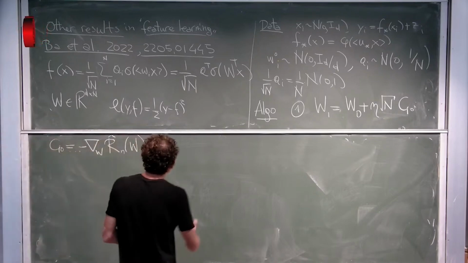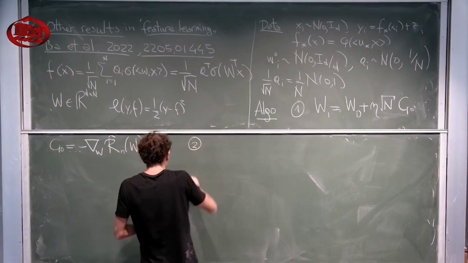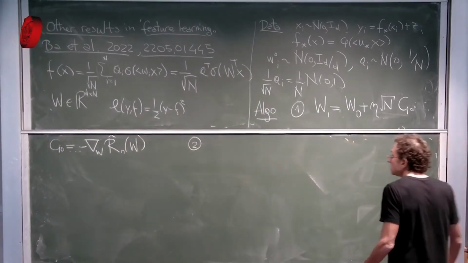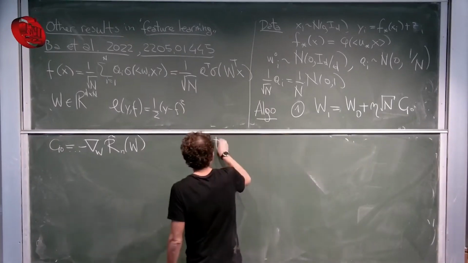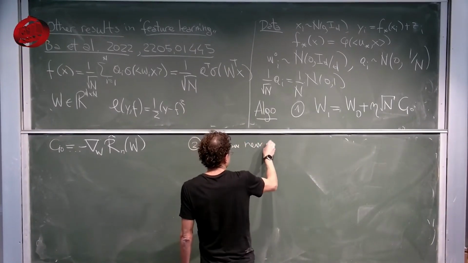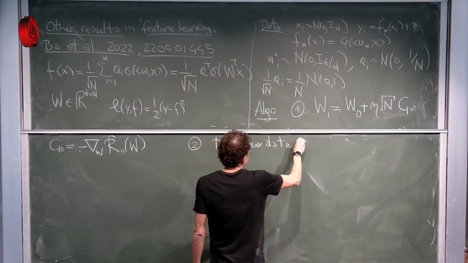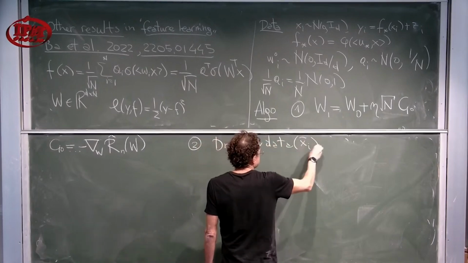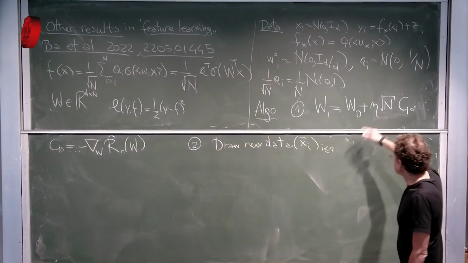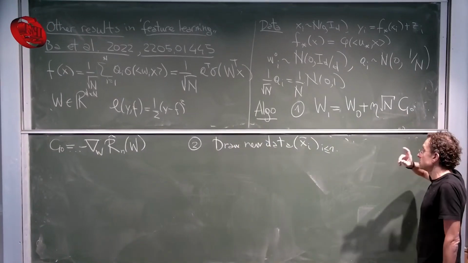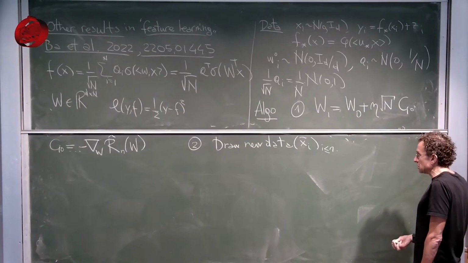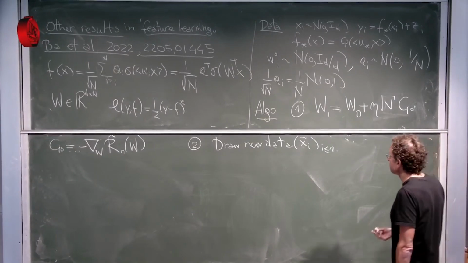And after one step, the second thing that they do is draw new data, x tilde. So this is full batch gradient descent. They take the gradient with respect to everything in one step, then they draw new data and only fit the second layer.